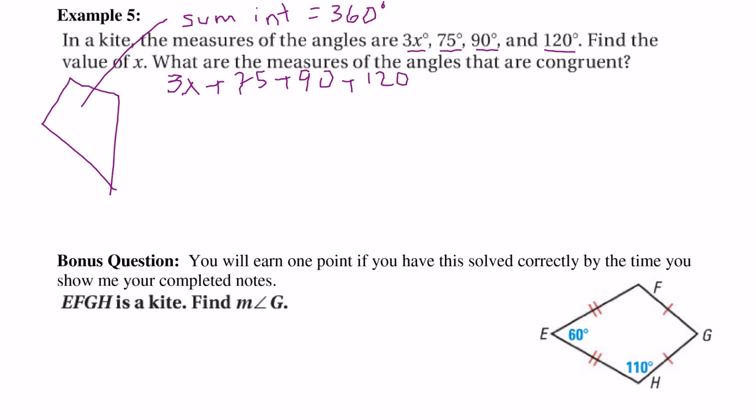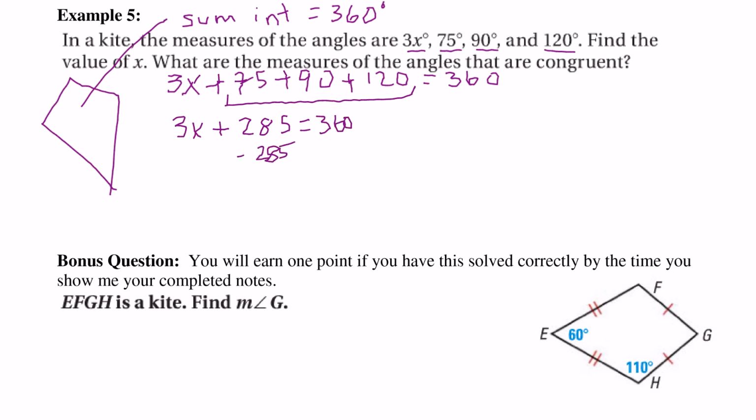So when I solve this for the x, I can combine these numbers together. So I get 3x plus 285 equals my 360. So if I subtract that to the other side, I get 3x equals 75. So when I divide that by 3, my x is 25. But if you notice, that's not what the question is asking.